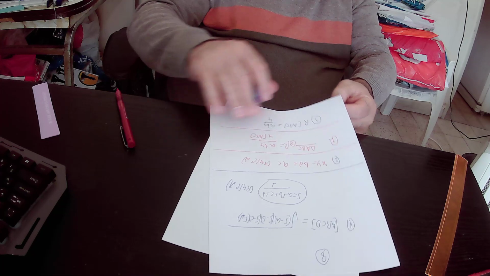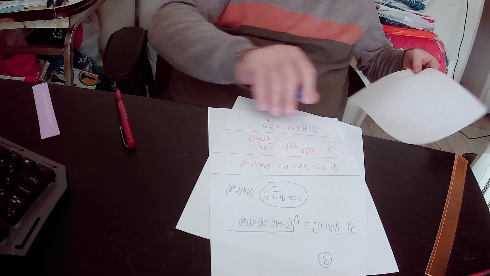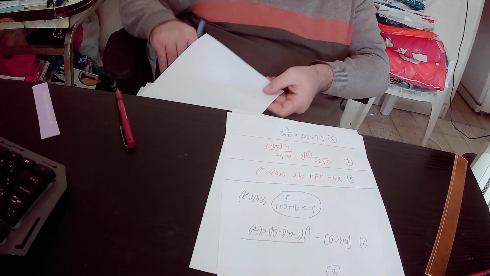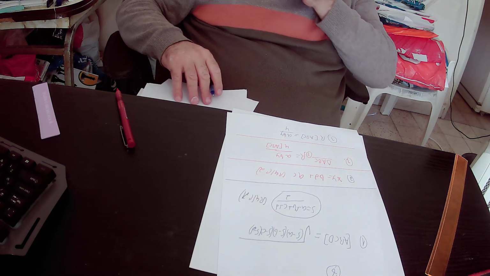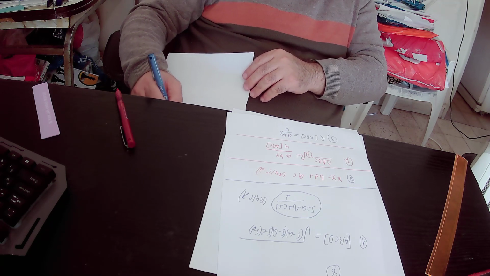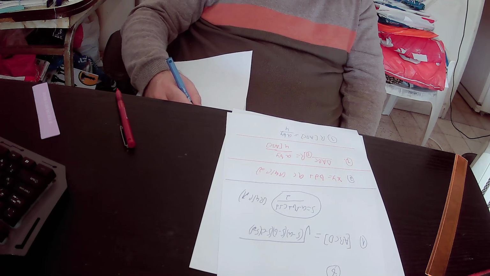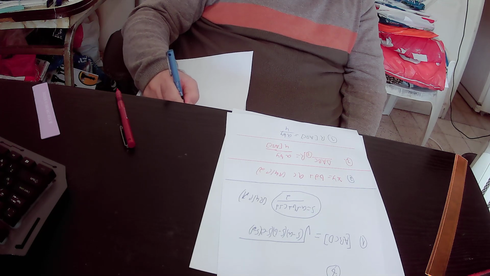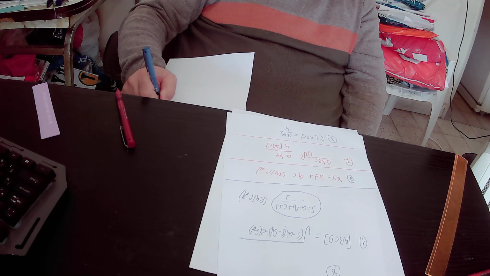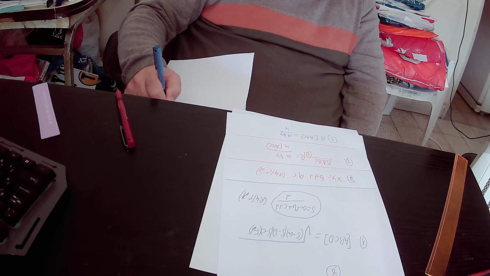So here we will divide equation number 3 by R, and we will get that the area of triangle ABC, according to equation number 3, equals ABY over 4R.